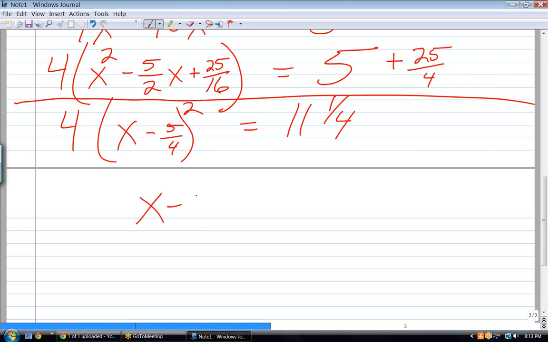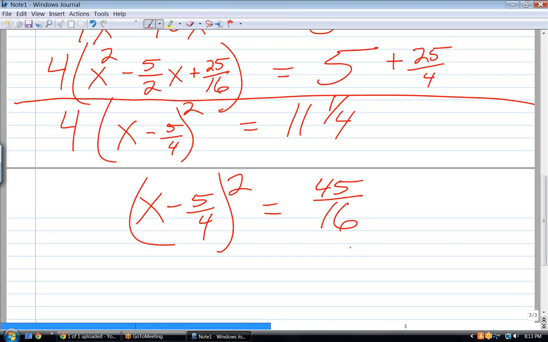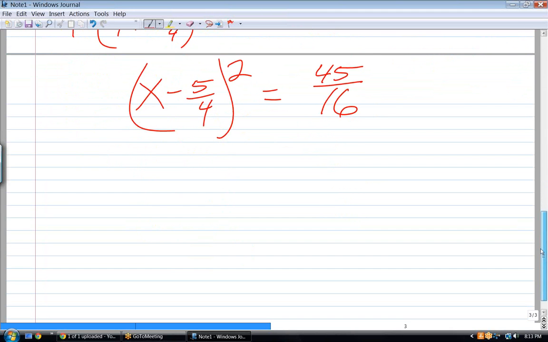So now I have x minus 5/4 squared equals, what is that, 45/4 divided by 4 would be 45/16, converting it to an improper fraction. Next step. Do square roots.